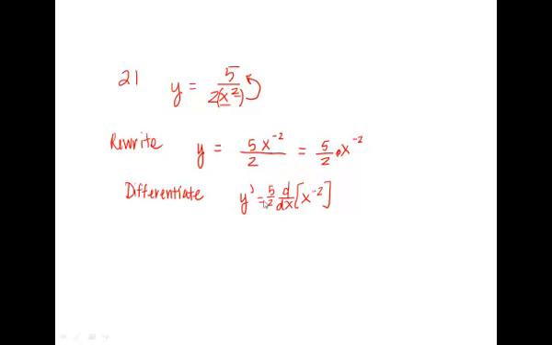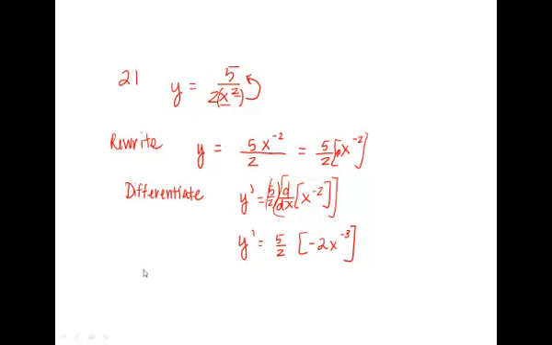I'm going to pull that multiple outside, and then I'm going to just see this as a power and use the power rule. So y prime is equal to 5/2, and then now here is where I'm going to take this chunk and differentiate. So we have x to the negative second, so pull down that negative 2, times x, and I'm going to subtract 1 off of that. We're going to get negative 3.